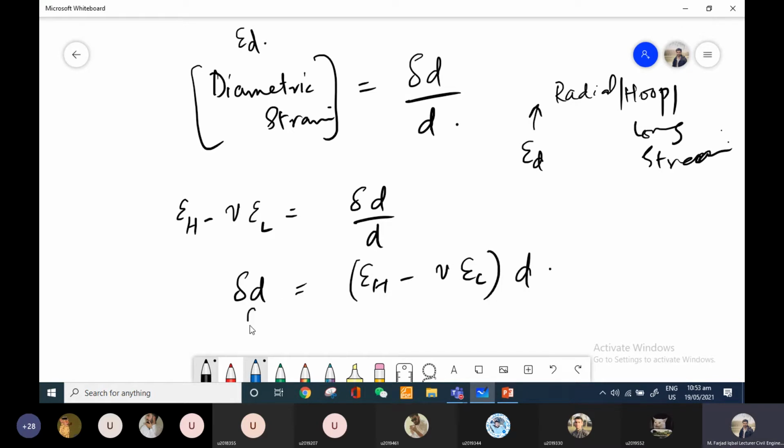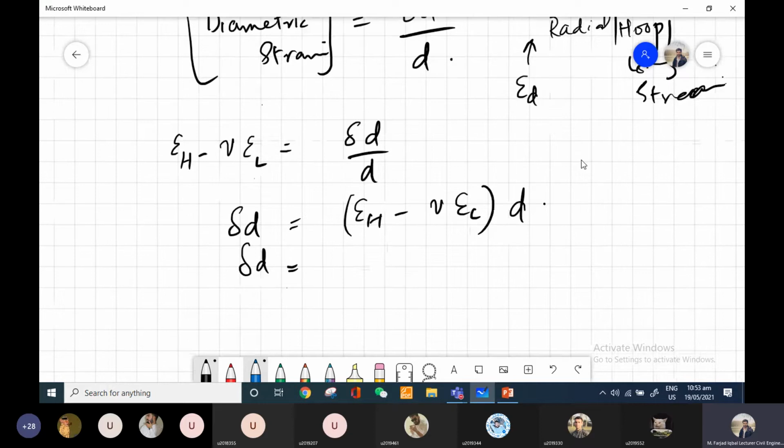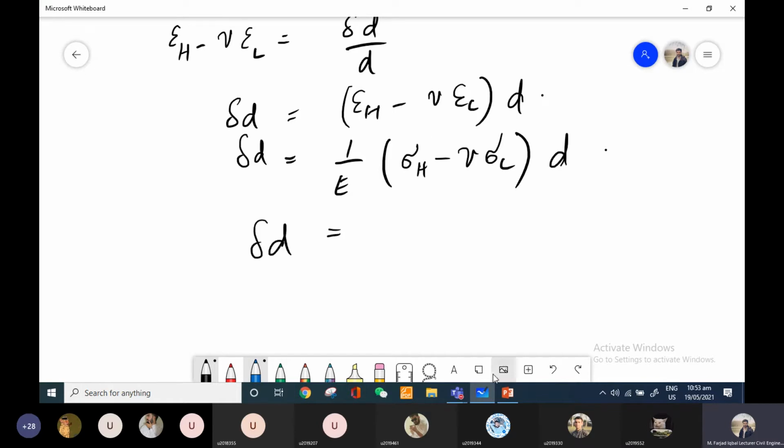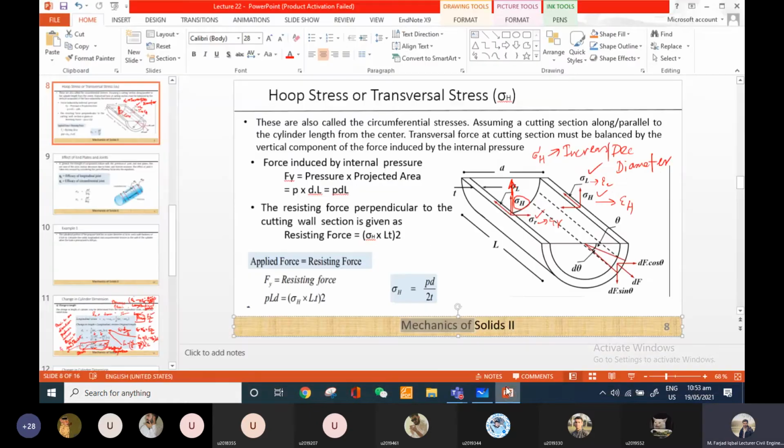Again, if I represent this strain in terms of stresses, that will give me an expression for the change in diameter: 1 over E times hoop stress, then minus nu into longitudinal stress, into diameter. On further simplification, when I substitute the values, I can show it over here.